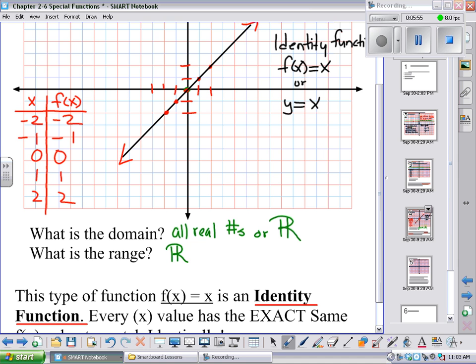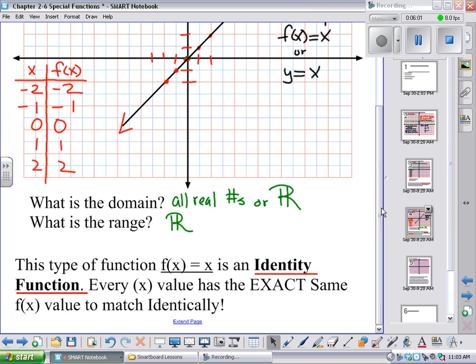So all real numbers. All right. So with the identity function, the x and the y values are exactly the same, thus making it identity.